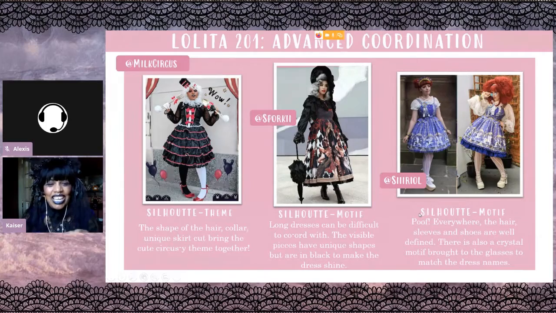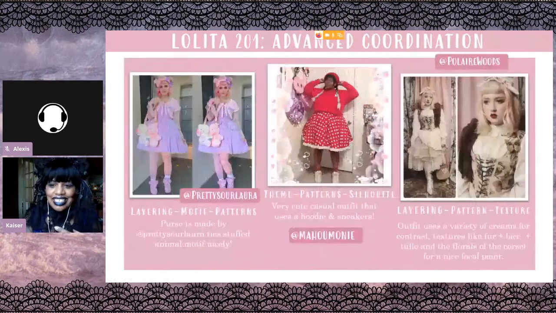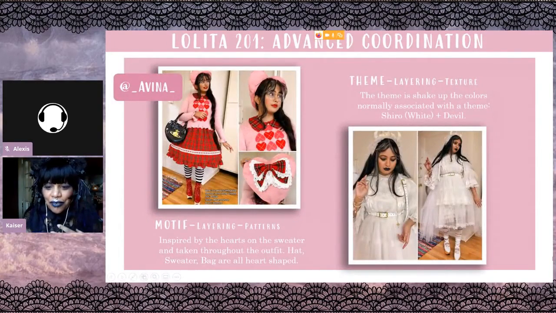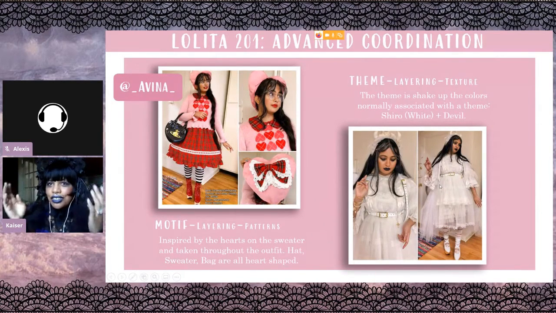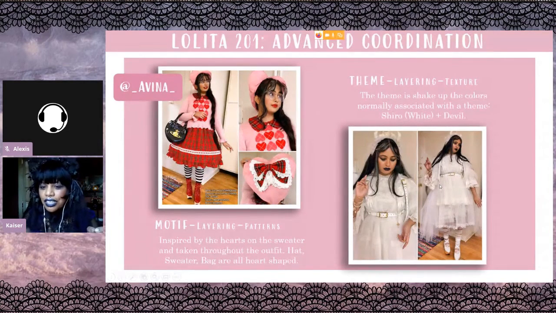It's kind of hard, which is why with a Venus outfit, this whole shiro thing, it's important to talk about texture, because it can get very boring or limiting when you think shiro, oh, everything has to be white and match. No, sometimes things can be a little off white of each other. It's fine. I don't think it's gonna kill the coordinate, as long as you're not trying to do a really dark white with a really stark white. You have to play around with it to figure it out.